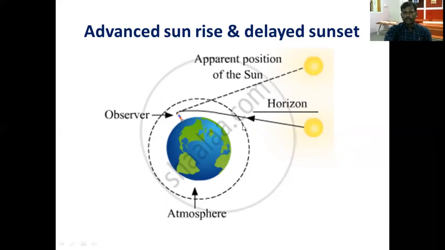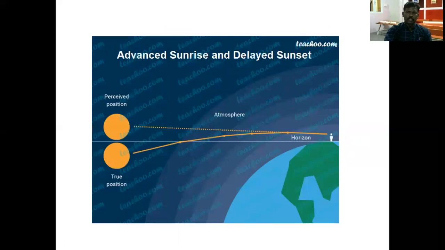After getting more refraction, it enters the earth surface 2 minutes before the sunrise. And after sunset, 2 minutes, we can still receive the sunlight. It is also due to the refraction of the light ray by the air molecules, and this is with respect to the delayed sunset. For these two concepts, if the sun is below the horizontal line, definitely the light ray does not reach the earth surface without refraction.